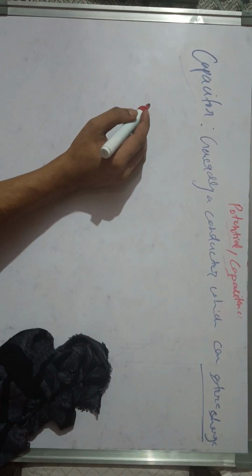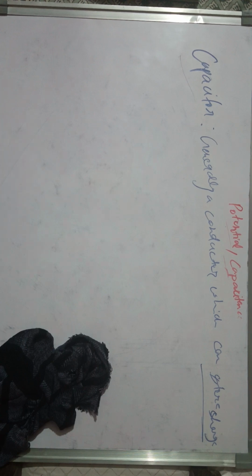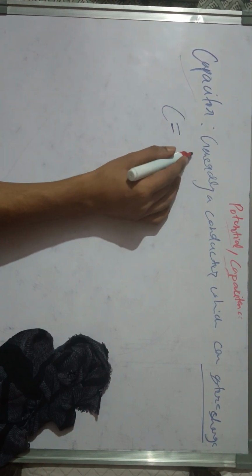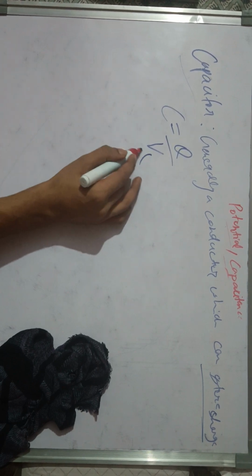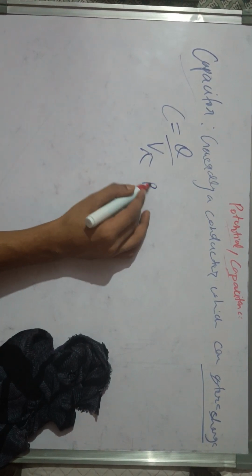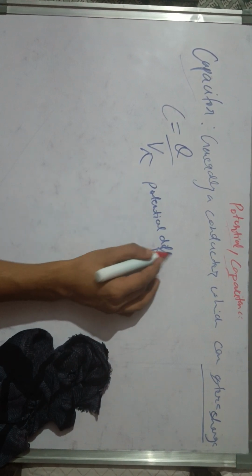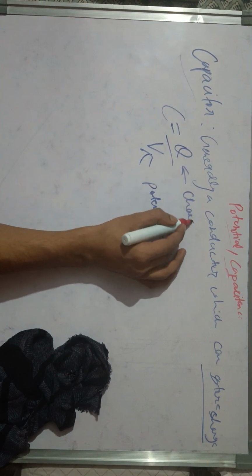A capacitor is a device whose capacitance is defined as charge stored per volt, where this voltage is the potential difference, and this is the charge stored in the device.